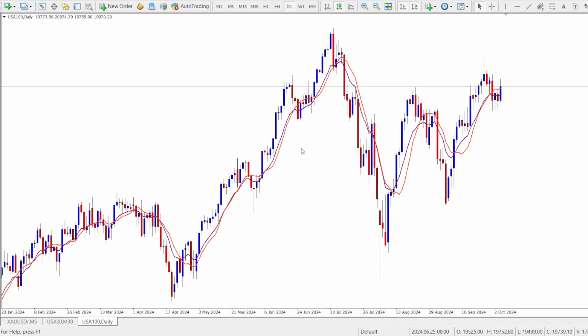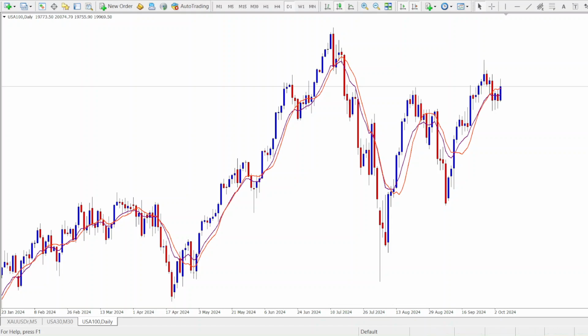Once a trend is just pulling back or is just seeing a retracement, the EMA might make you think that it is a reversal. So you also have to exercise caution when trading with the EMA, because the EMA gives emphasis to most recent price movements. So any recent price movement, the EMA quickly responds to it.